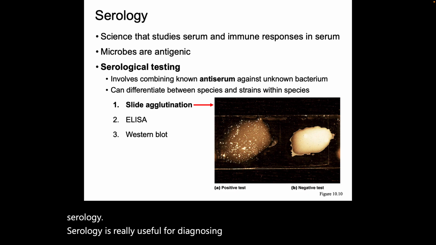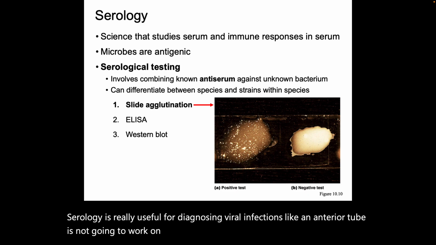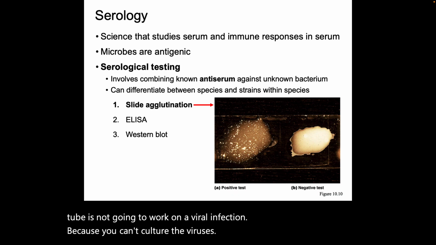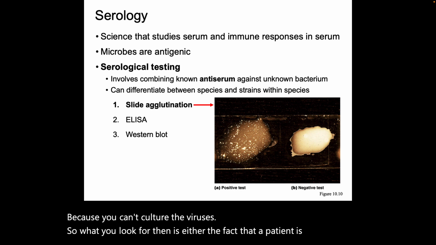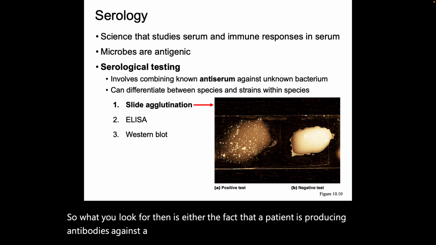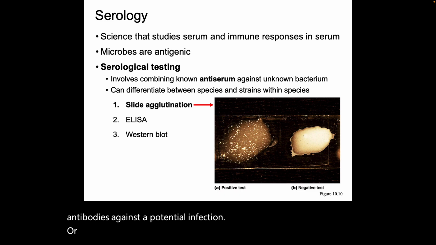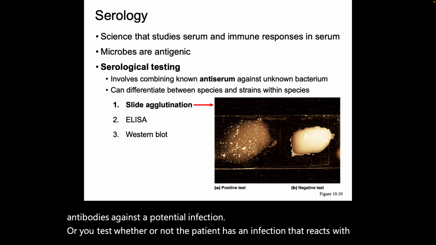An Enterotube is not going to work on a viral infection because you can't culture the viruses. So what you look for is either that a patient is producing antibodies against a potential infection, or you test whether the patient has an infection that reacts with a known panel of antibodies.